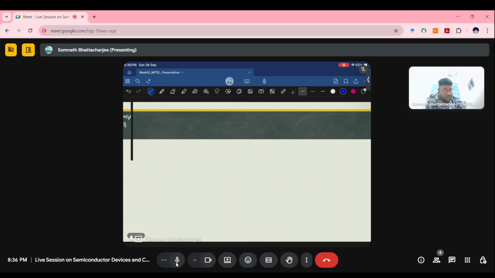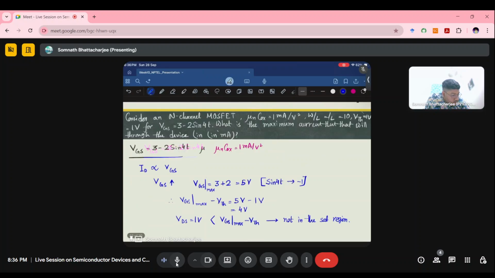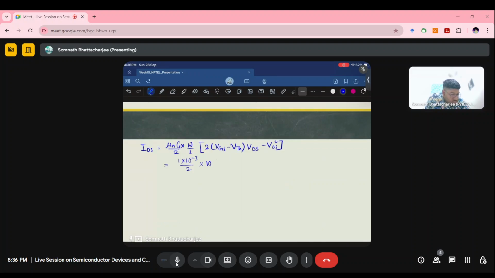So based on that, we can write that IDS is mu n Cox by 2, W by L, times 2 times (VGS minus VTH) VDS minus VDS square. If we put the values, mu n Cox was 1 milliamp, so this is 1 by 2, W by L was 10, 2 times VGS minus VTH, which was 4, times VDS, which was 1, minus 1 square.